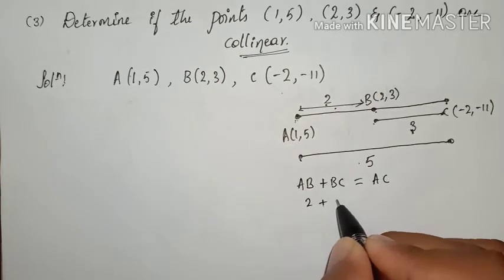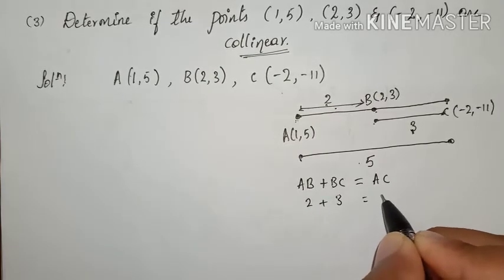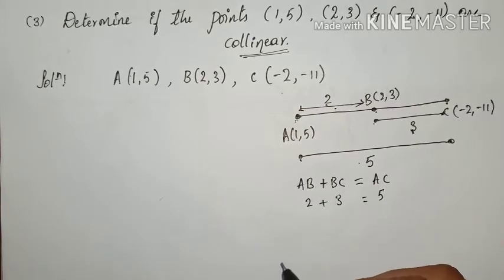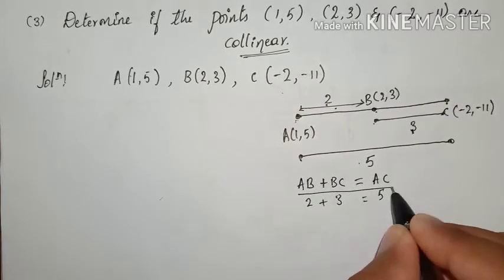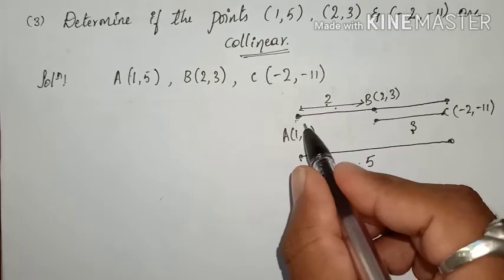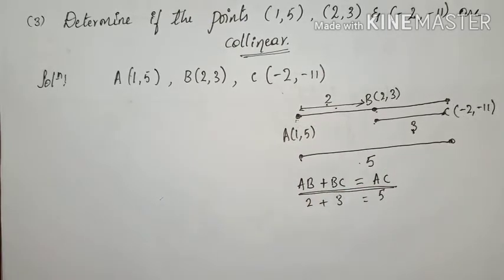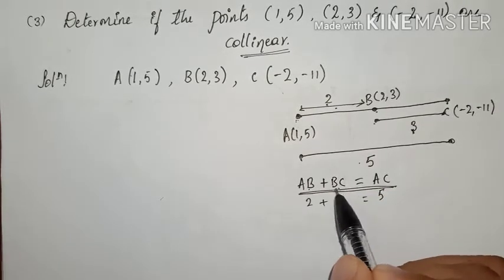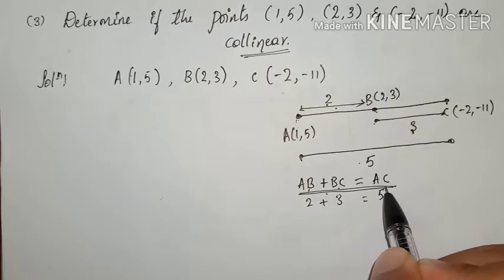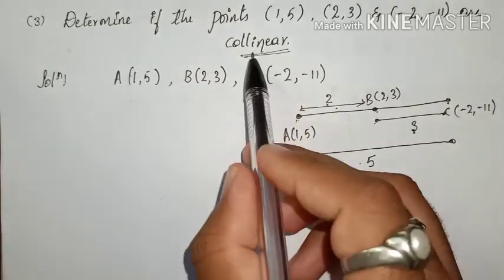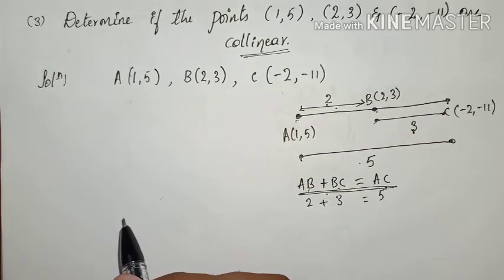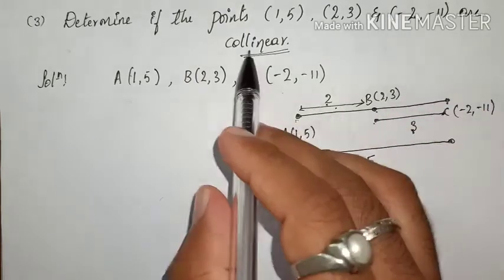This is 2 plus 3 equals 5, correct? So I can use this to represent that these 3 points lie on the same straight line. If I find these two are equal, 100% I can easily say that these 3 points lie on the same straight line, or they are collinear.